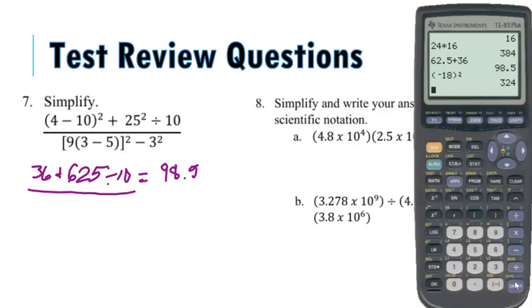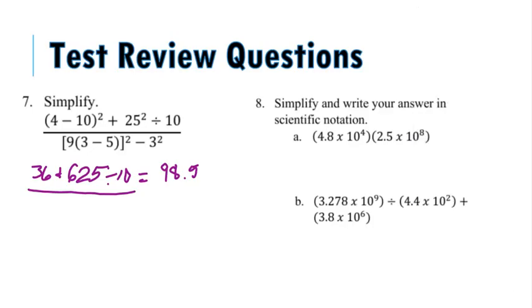And that gives us 324. And then we're going to be subtracting 3 squared, which we know is 9. And 324 minus 9 is going to give us 315.